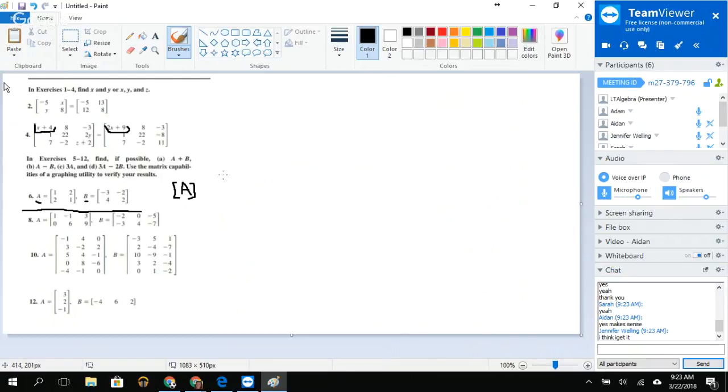All right. So we're going to start off with adding and subtracting matrices. You are allowed to add and subtract matrices together, so we can do A plus B or A minus B. But there is one condition: you are allowed to add and subtract matrices together if they have the same order.